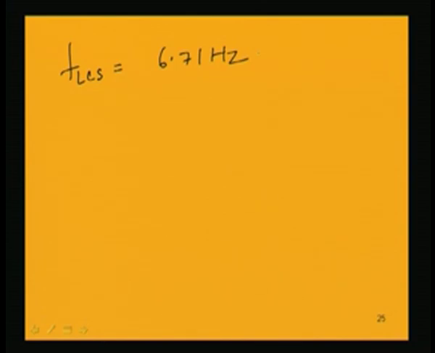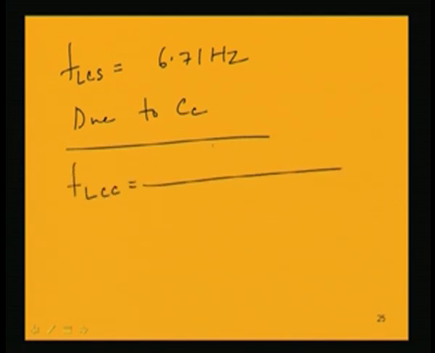Now, if we consider the lower cutoff frequency due to Cc, FLCc, that we have to find out. That is equal to 1 by 2 pi into the effective resistance due to Cc into the capacitance Cc. Now, what is the effective resistance due to Cc?